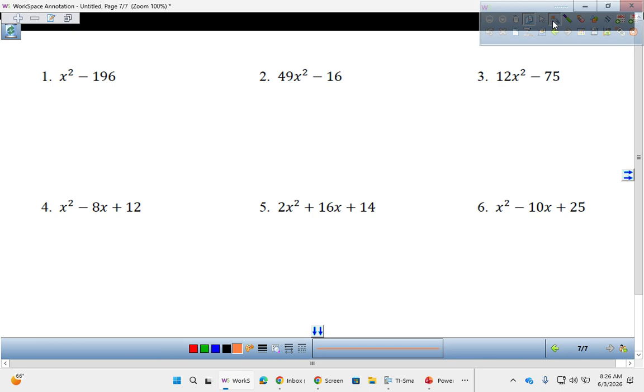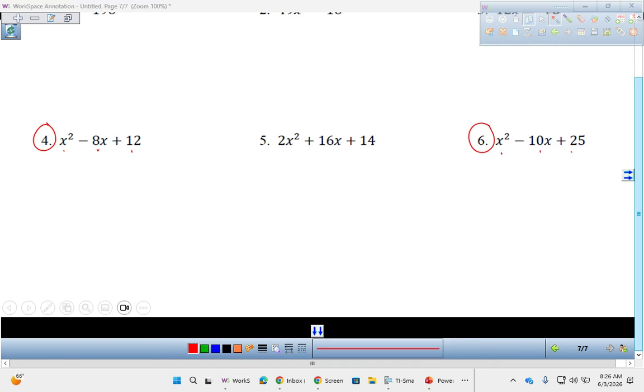So let's look at them. They are A equals 1 because they have 1, 2, 3 terms. The first term is x squared.